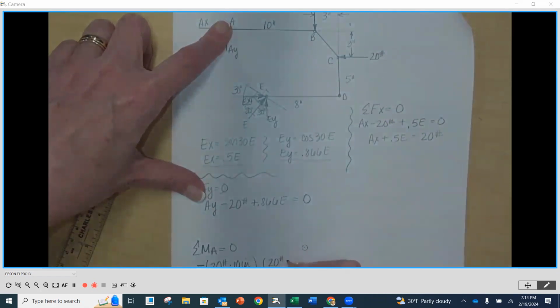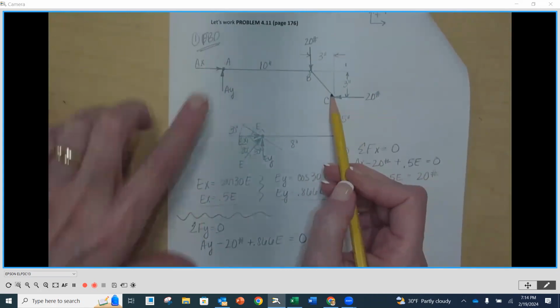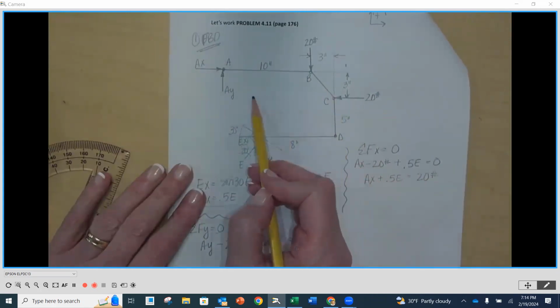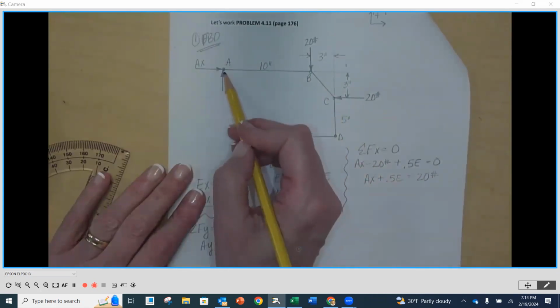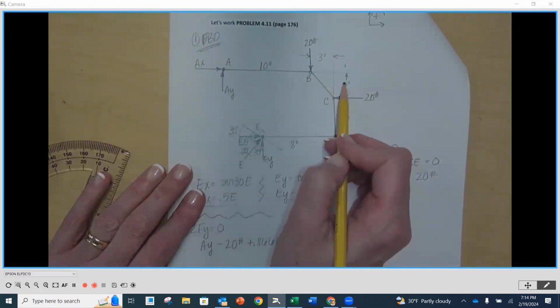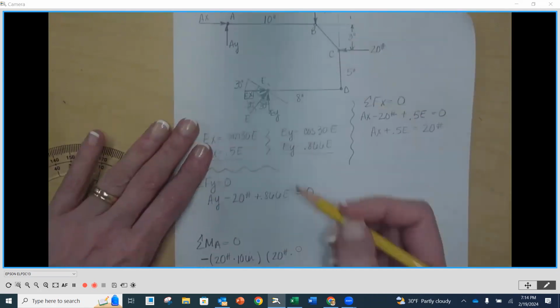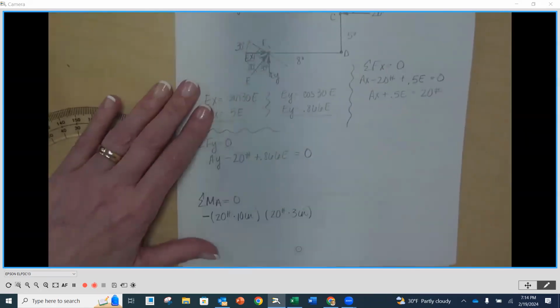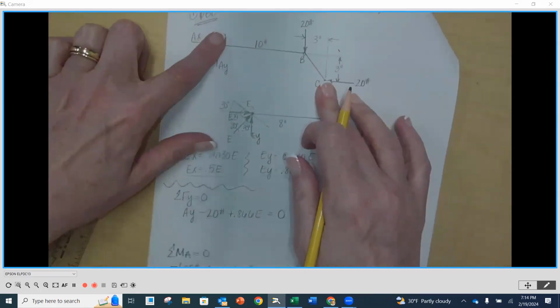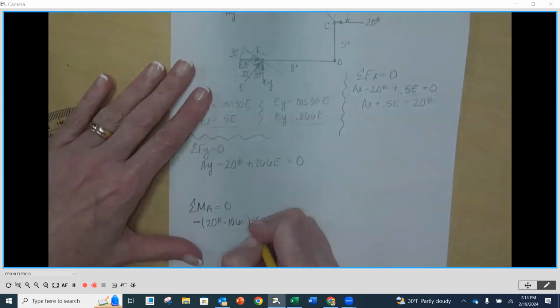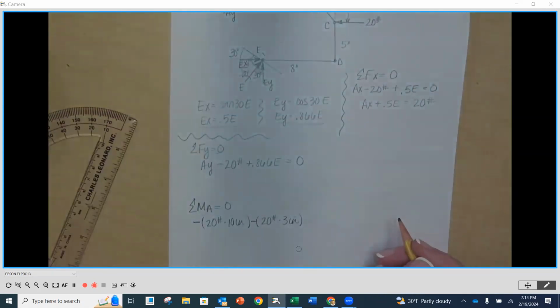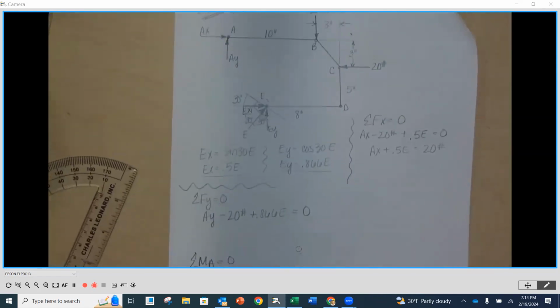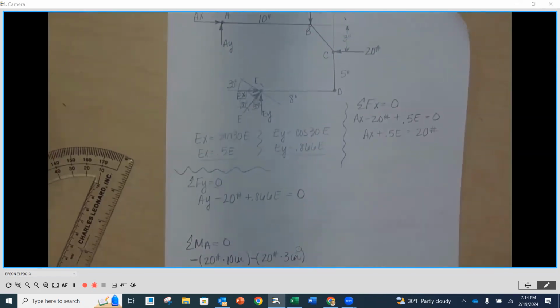So 20 pounds times, now perpendicular distance here, let's bring it all the way over, and its radius is going to be 3 inches. You see that? So this distance is going to be 3 inches. 20 times 3. And we saw that it was going to rotate clockwise. So negative out front. So 20 times 10, 20 times 3, both are negative out front.